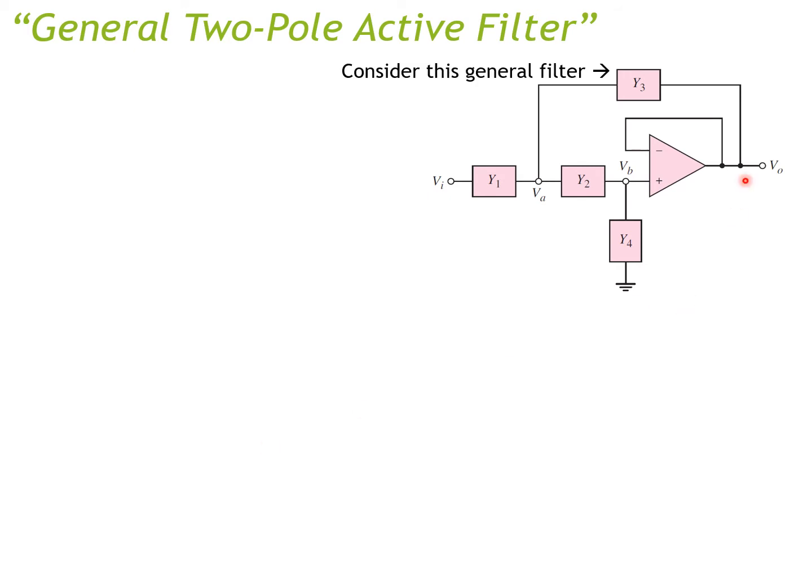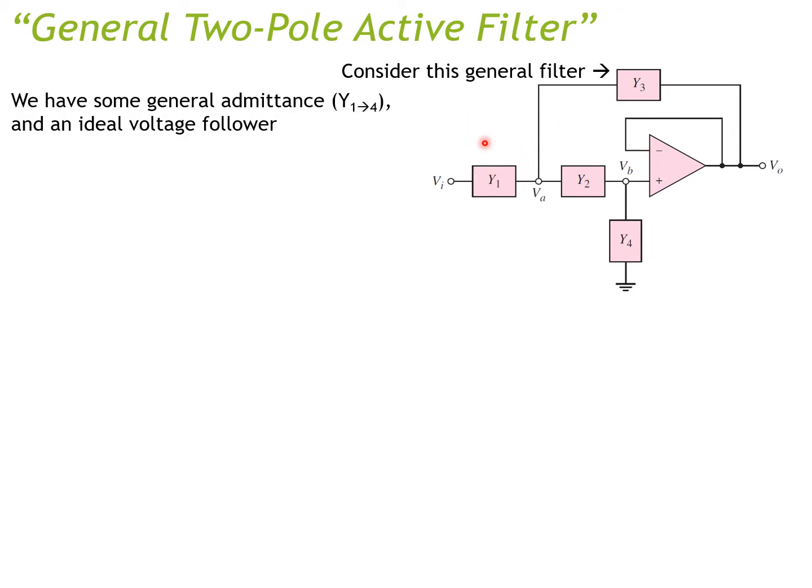Let's start by considering this general filter here. We have a voltage follower with some general admittances, and we're going to mark them Y1, Y2, Y3, and Y4. Y1 and Y2 lead from the input to the positive terminal of the voltage follower.